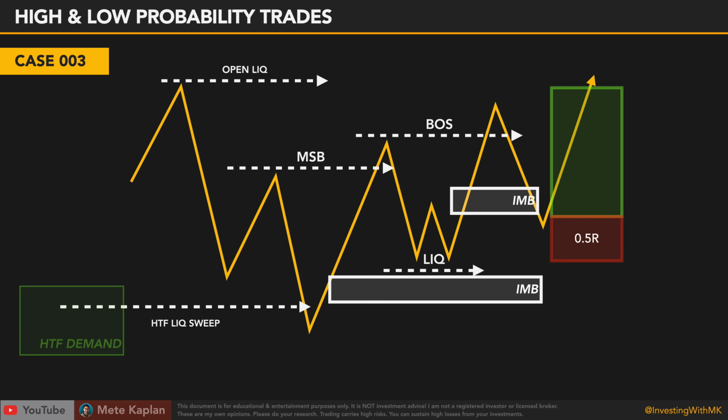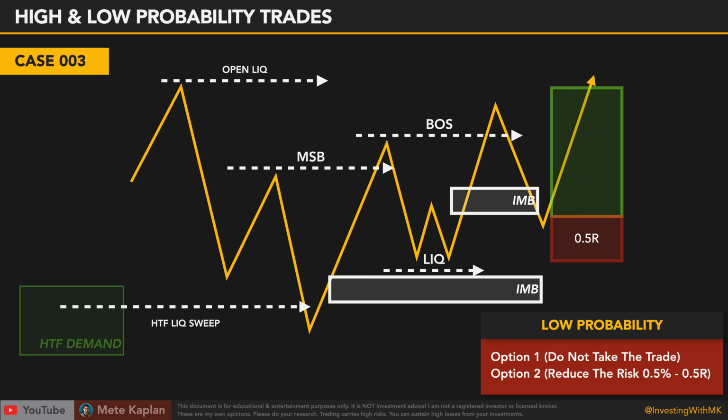This immediately brings the idea of a low probability long trade right here. Even though we have perfect long conditions, this little tiny trap occupies my mind. So, why take the risk here? Or if I really want to enter the trade, I should reduce my risk here.